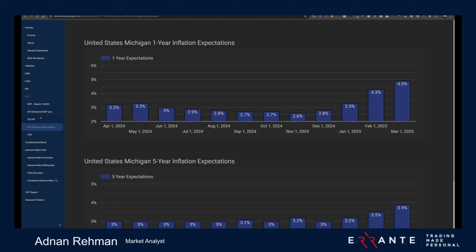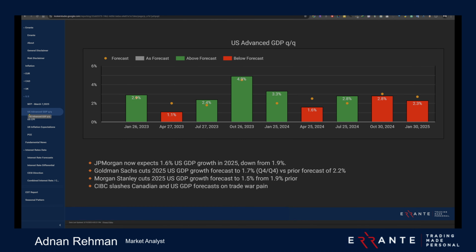The main thing the US is facing right now is that growth is going downwards. How do we find that? On this page, I'll click over here on the US advanced GDP quarter on quarter. We know that growth is going towards the downside compared to its forecast.